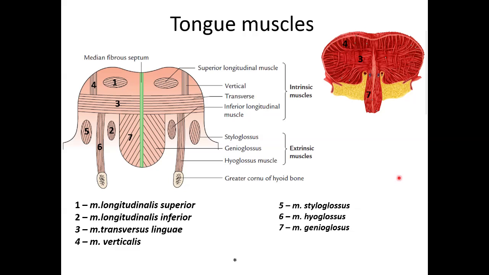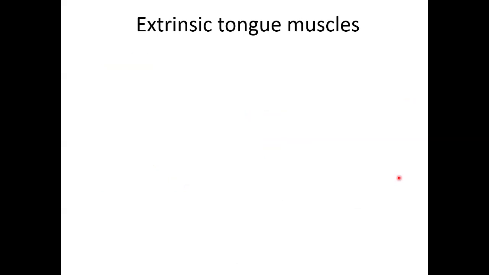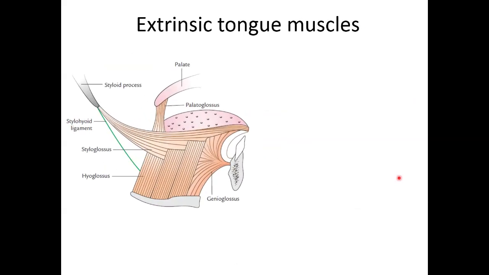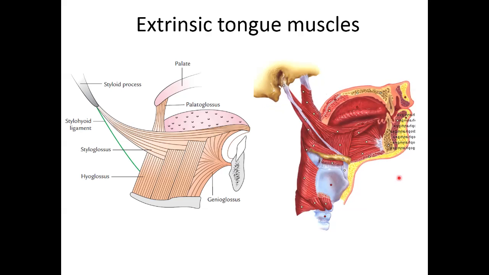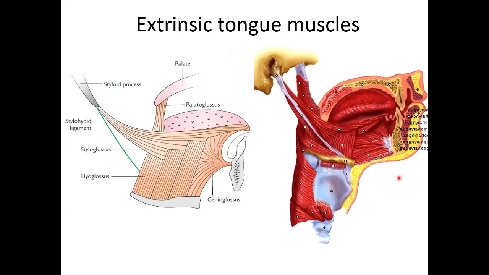So we should know that there are intrinsic muscles and extrinsic muscles, and to understand extrinsic muscles, let's use another picture. Here they are, the scheme and more realistic picture. First of all, let's understand that this is parasagittal section, and it's styloid process.